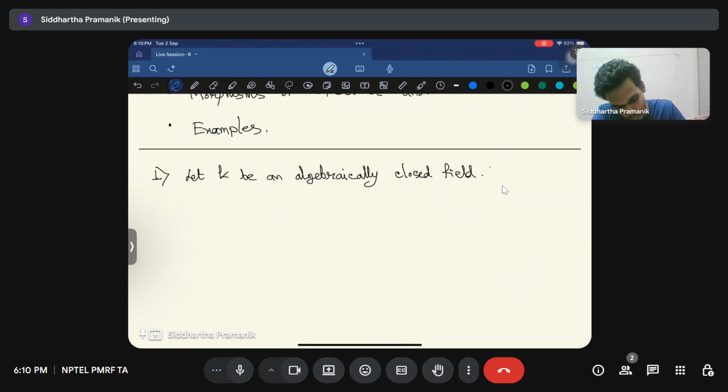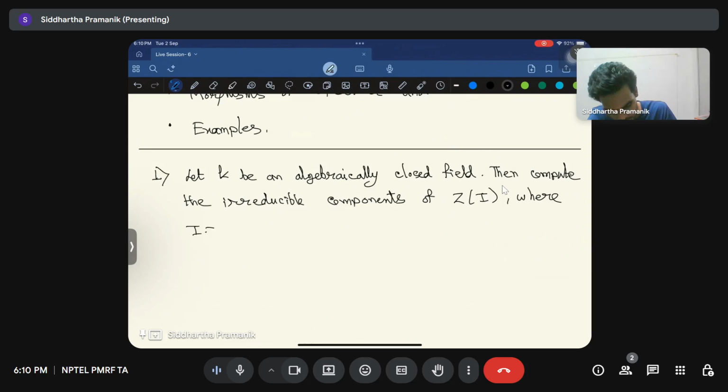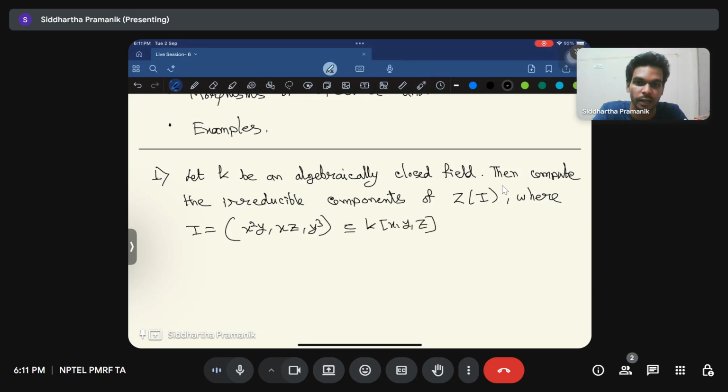Then compute the irreducible components of Z of I, where I is the ideal generated by x squared y, xz, yz, which is in the ring K[x,y,z], the polynomial ring over K in three variables x, y and z.